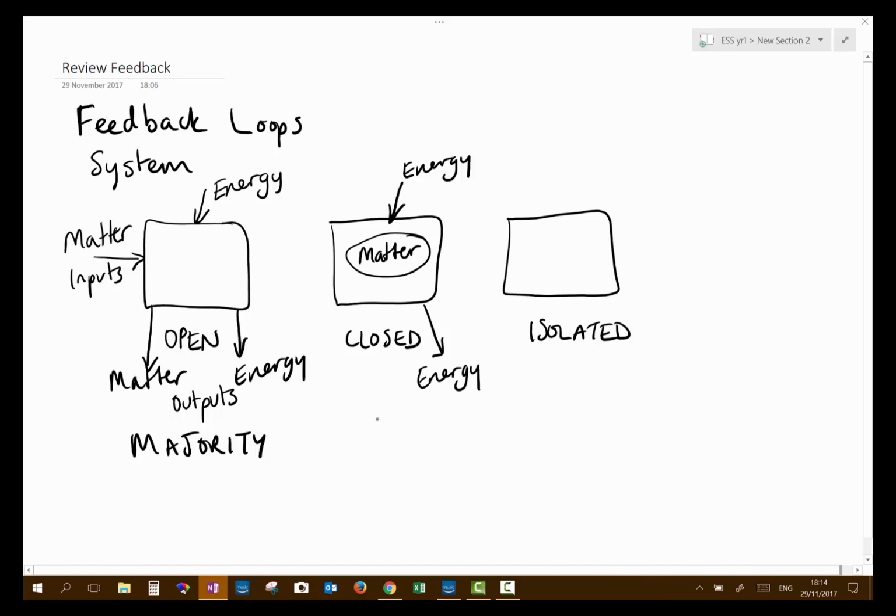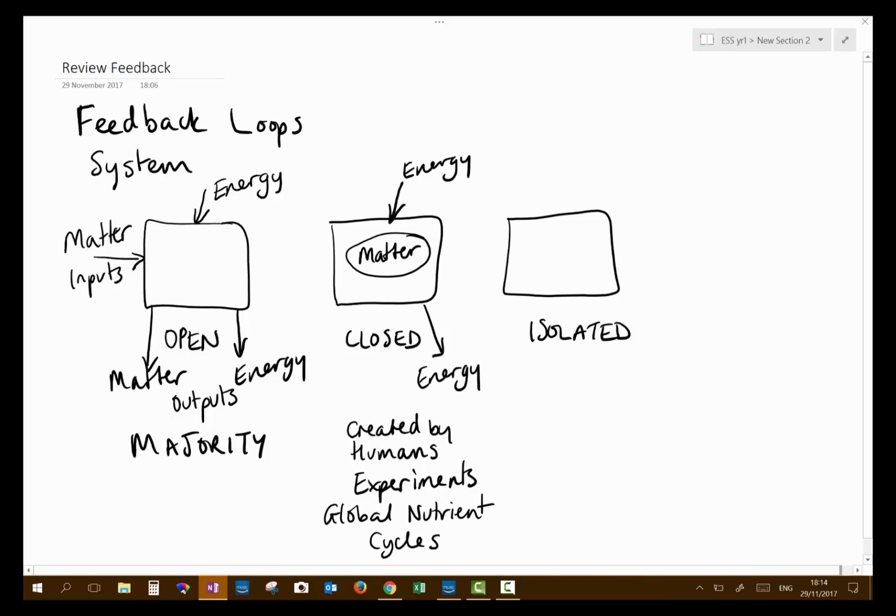And these ones are either created by humans as experiments, but also you can think about the global nutrient cycles as more or less closed systems, because we don't have any more water, nitrogen, phosphorus coming into our system. It's all there inside the system already, and so that's why we're concerned about managing those things.